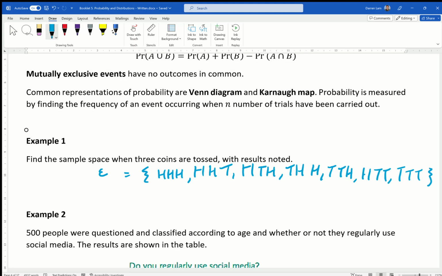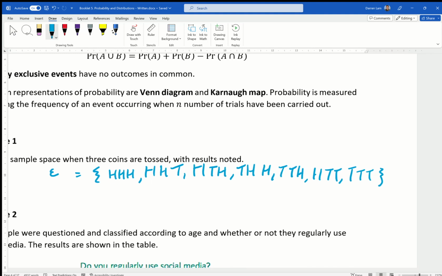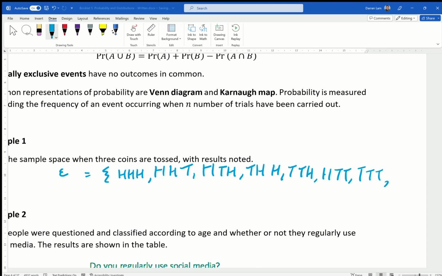If we flip 2 coins, we should have 4, because there's 2 outcomes for each of those 2 outcomes. And if I flip 3 coins, if I have 2 outcomes for each of those 4 outcomes, I should have 8. So I have 1, 2, 3, 4, 5, 6, 7. I'm definitely missing one. We'll add the last one in, which is tails, heads, tails. So just make sure you double check your probability work a couple of times.